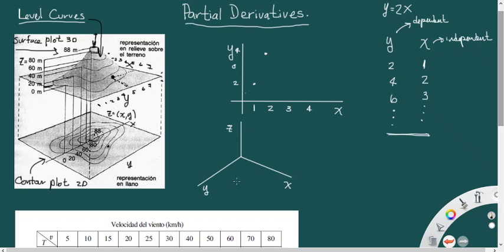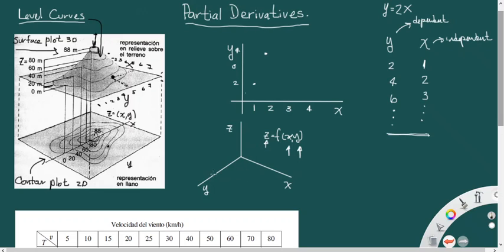If you are going to plot some function that is z equals a function of x comma y, then you need to have one value of x and one value of y, and the combination of these two values is going to equal a value of z.